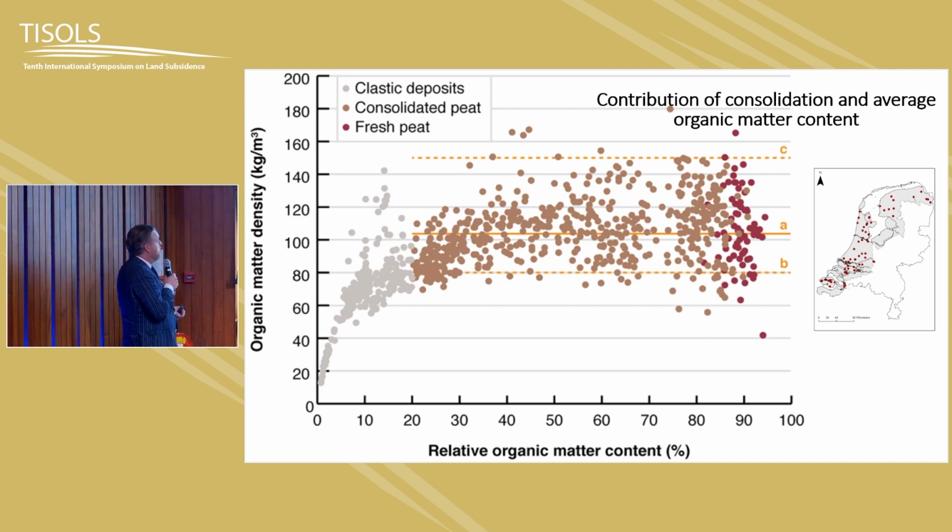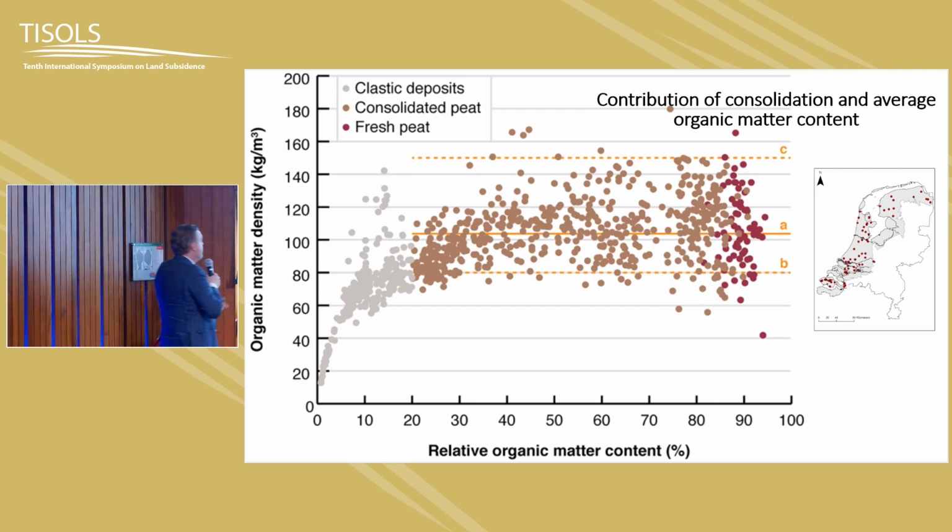Now they show no trend with organic matter density. There's a wide range, but there's no trend. That means it doesn't matter how peaty the sample is, how much organic material there is, but there is always a certain limit to the organic matter density. So the density depends on, for instance, the compaction history, but not on the specific peat type or if it's more or less peaty.